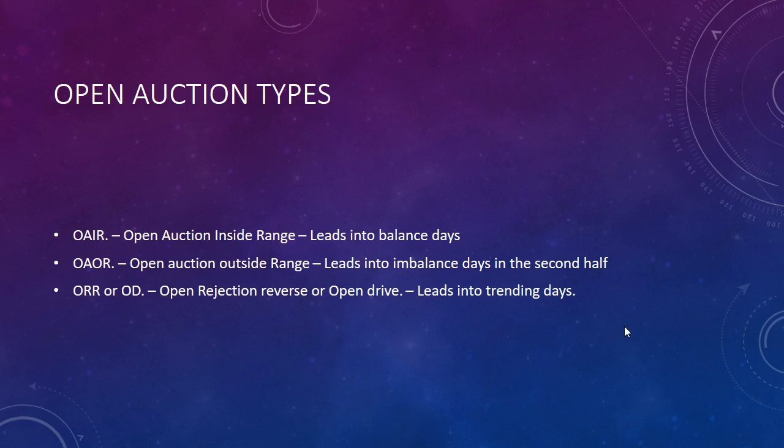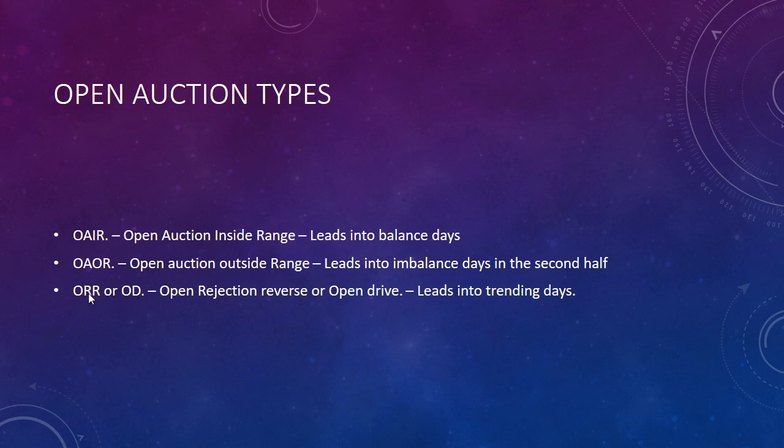In these days, there is a 50-50 or 60-40 chance of an imbalanced day occurring, right? But you should really test the strength of the drive, or the strength of the rejection. If you evaluate that, you will be in a more comfortable position to gauge whether it's going to be an imbalanced day or a balanced day. That is what you should do in this open rejection reverse.